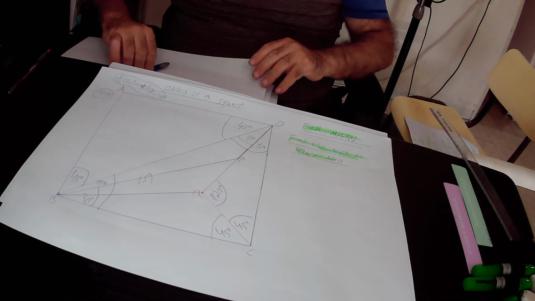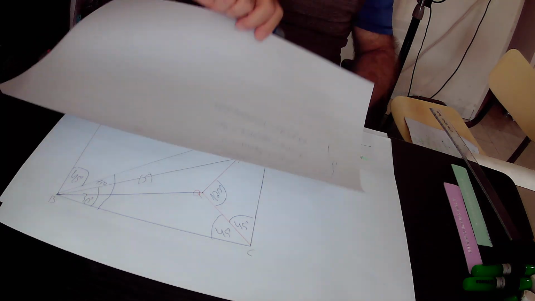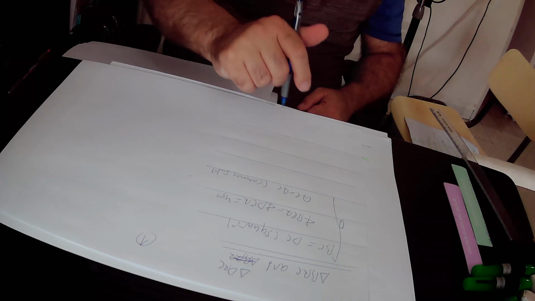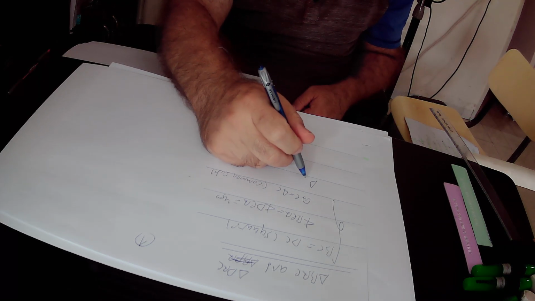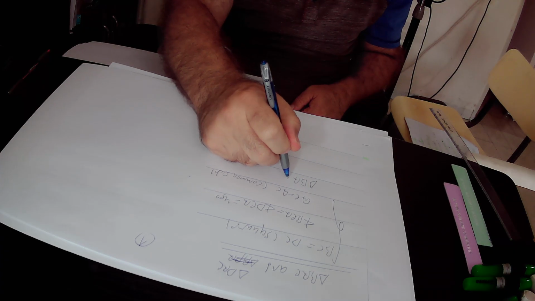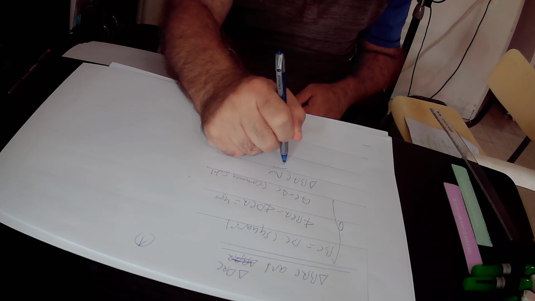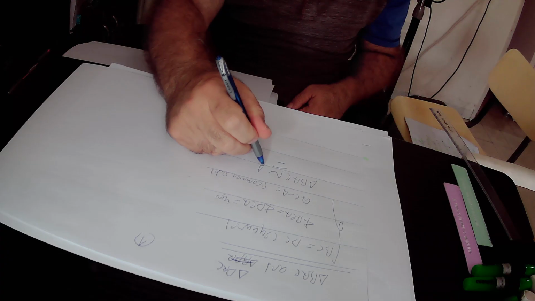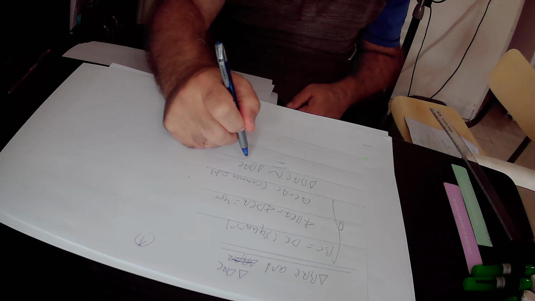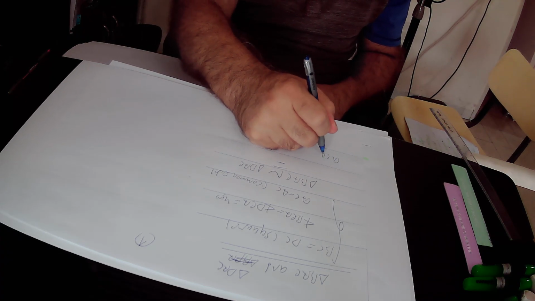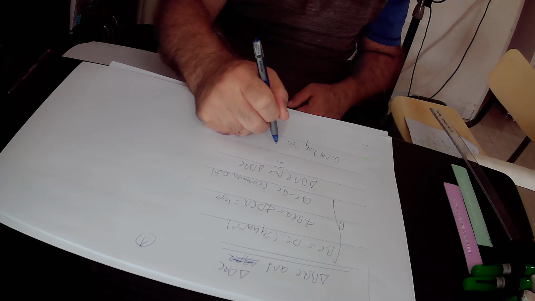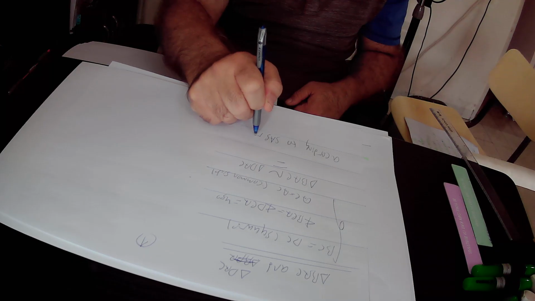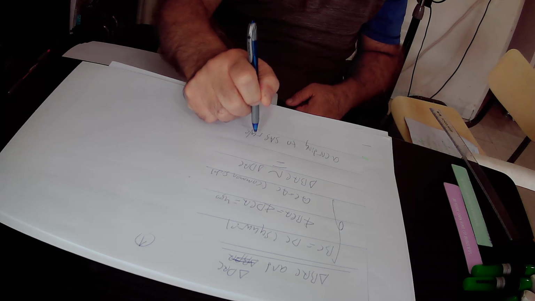So we found out that triangle BQC converts, this is the sign of congruence, to triangle DQC according to the side angle side rule.